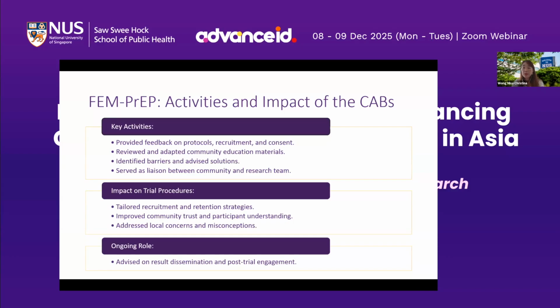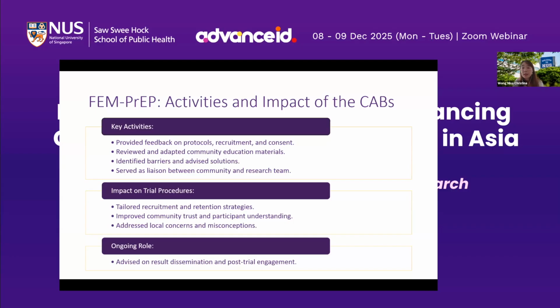And when potential barriers to trial participation were identified, such as stigma and misinformation or practical challenges, the CAB members brought these to the research team's attention and then often helped co-create solutions. So the CAB's role as intermediaries was definitely essential for maintaining open communication between the research staff and the broader community.